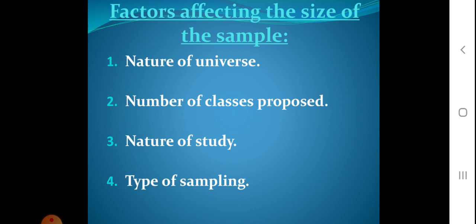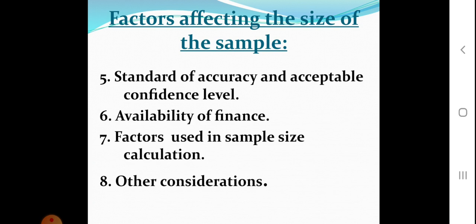They are: first, nature of universe; second, number of classes proposed; third, nature of study; fourth, type of sampling; fifth, standard of accuracy and acceptable confidence level; sixth, availability of finance; seventh, factors used in sample size calculation; last, other considerations.